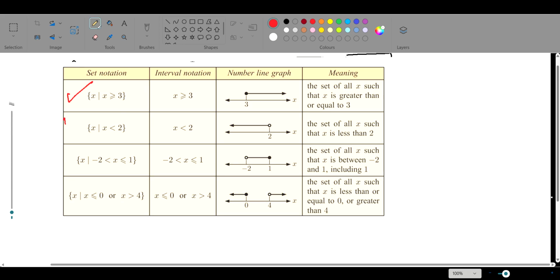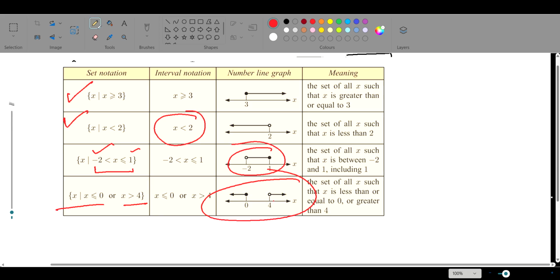And what is the meaning of that? It is less than 2, so 2 is not included in the solution, and this is -2 to 1, whereas -2 is not included, 1 is included. So on the number line it looks like this, and this is less than or equal to 0 and greater than or equal to 4. So how does it look on the number line? Less than 0 and greater than 4, so between 0 and 4 there is no domain.